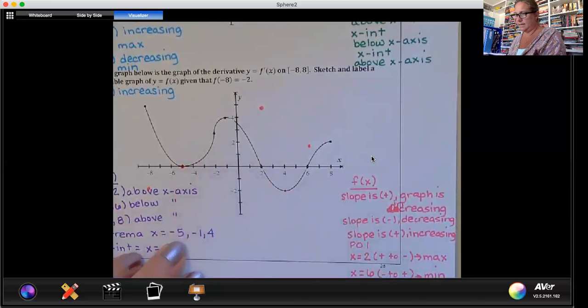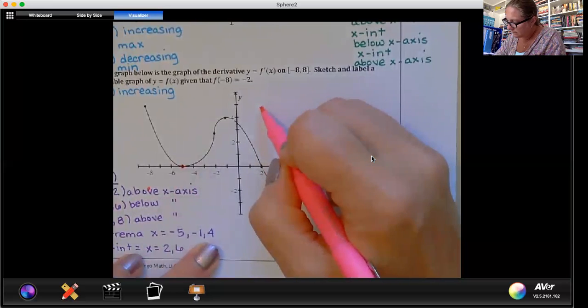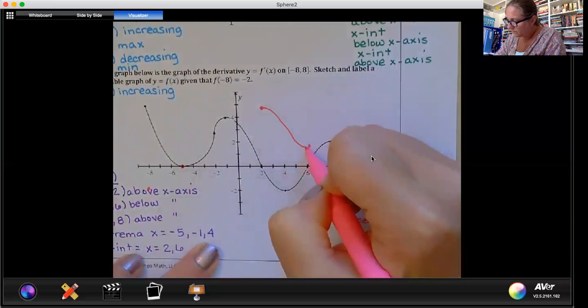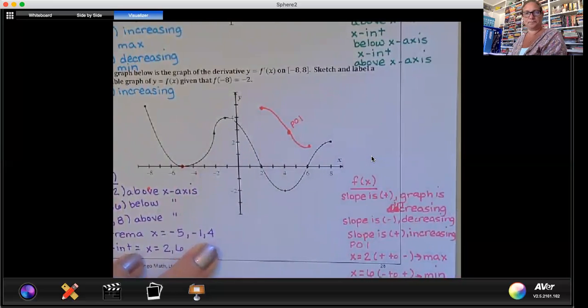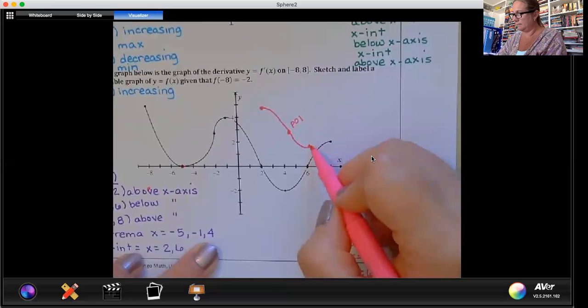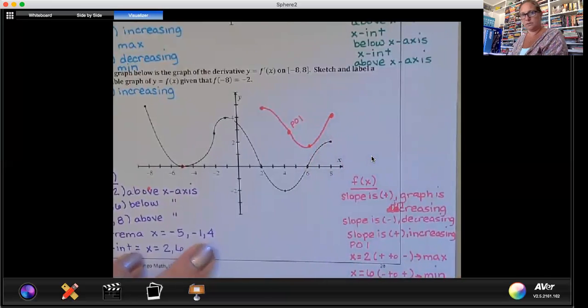You know at -1, you have a point of inflection. And you know at 4, you have a point of inflection. So going from a maximum to a minimum, that makes sense. So you have a point of inflection here. And if that's a minimum, that means it's just going to keep on going to end your graph. So sometimes doing your graph kind of out of order is okay.